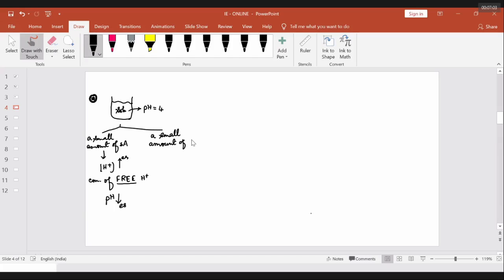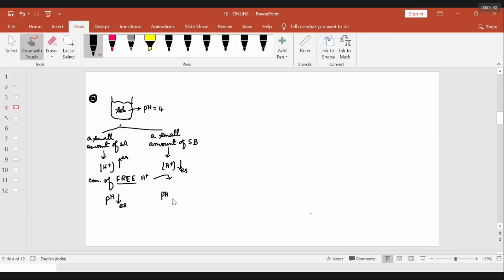Already here also we have some OH minus ions, right? Once you have more OH minus ion, the concentration of OH minus ion increases. No, sir, I want to discuss the concentration of H plus ion. It is now less. Therefore, the concentration of free H plus ions is decreasing, therefore pH value increases.